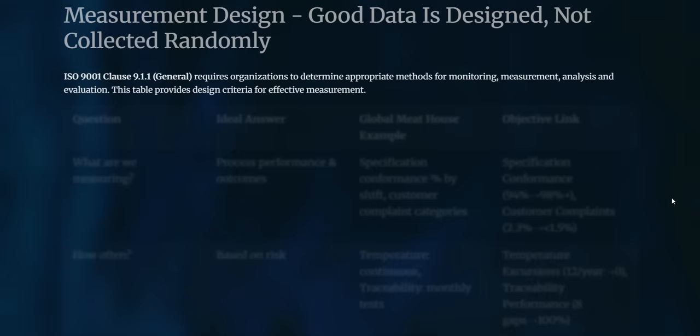ISO 9001 Clause 9.1.1 General Requirements for Clause 9.1 requires organizations to determine appropriate methods for monitoring, measurement, analysis, and evaluation. This table provides design criteria for effective measurement.